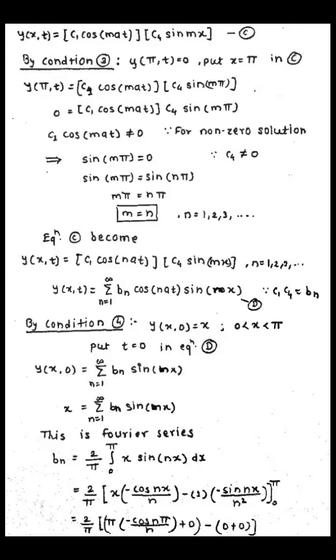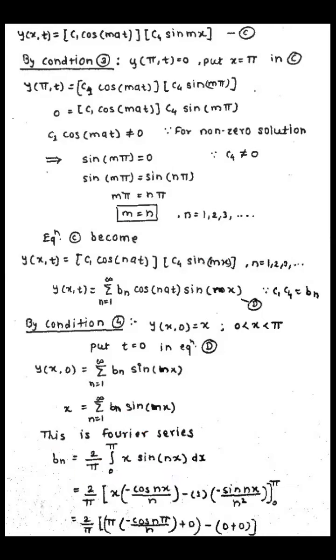So we can find the bn value by using the formula 2 upon π into the integration from 0 to π of f(x) sin(nx) dx, where f(x) is x here. Here π is the length of the string. Now to evaluate this integral, use the generalized by parts rule.